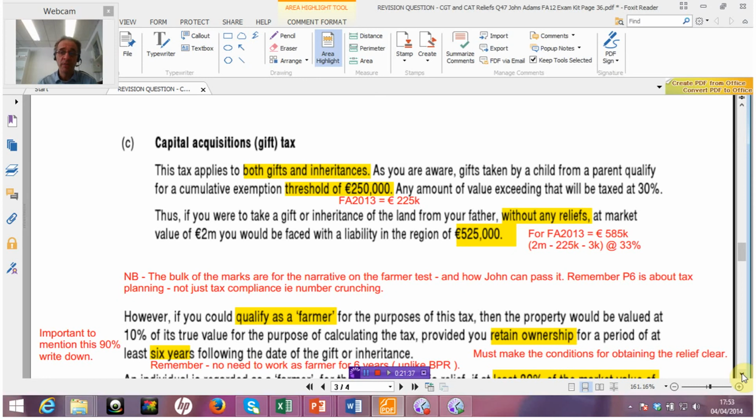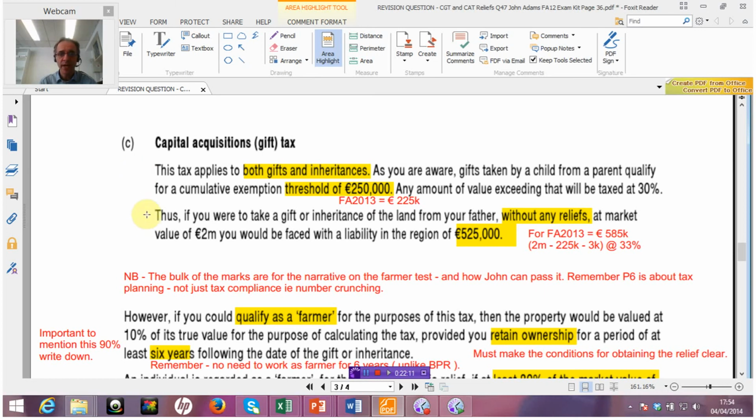They've also advised in relation to the threshold amounts for father to son transfer. You'll notice there's a change there to 225k. It's just to draw your attention to the rate here. That's obviously relevant to FA12 rather than FA13, our Finance Act. Okay, so what they've done is just some basic information here. They've introduced it. They said it does apply to gifts and inheritances. Here's the threshold information that was given in the tables anyway, along with the rate.